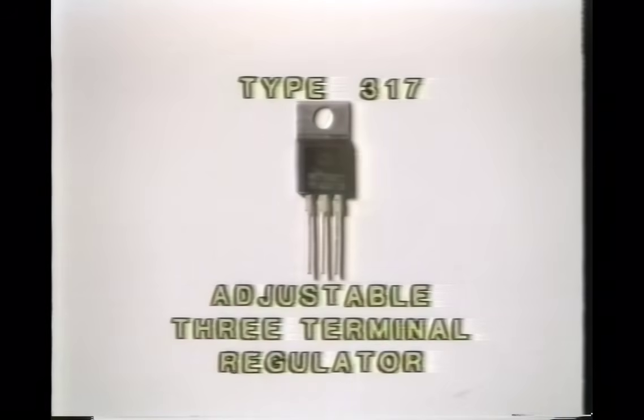Some types of 3-terminal regulators are adjustable, and this is the type 317 adjustable 3-terminal regulator. The adjustable regulator is used where the manufacturer of the game needs an output voltage other than the fixed 5, 12, or 15 volt output of the regulators we just looked at.